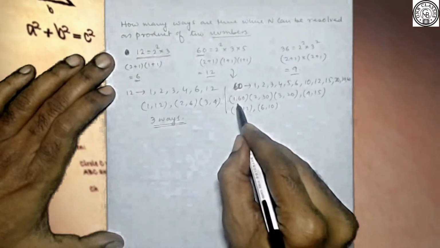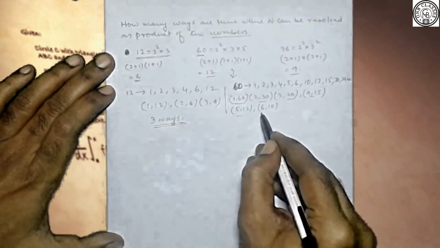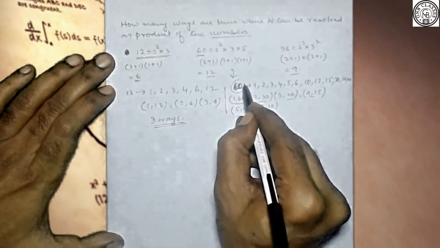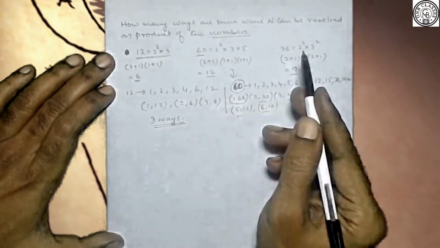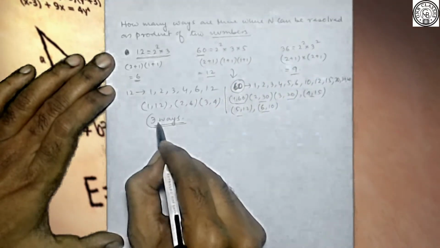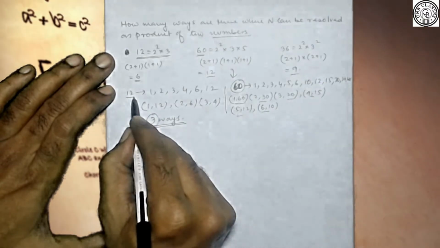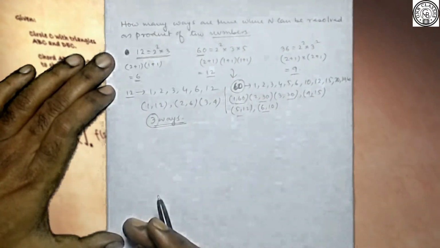Right? So here we are getting, there are 6 ways of resolving 60 as a product of 2 numbers, and we are getting 3 ways of resolving 12 into product of 2 numbers.